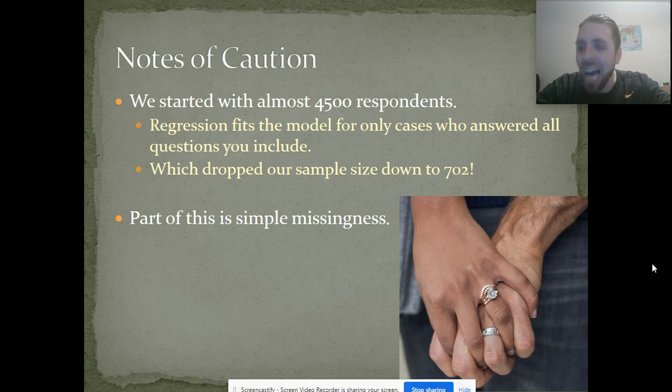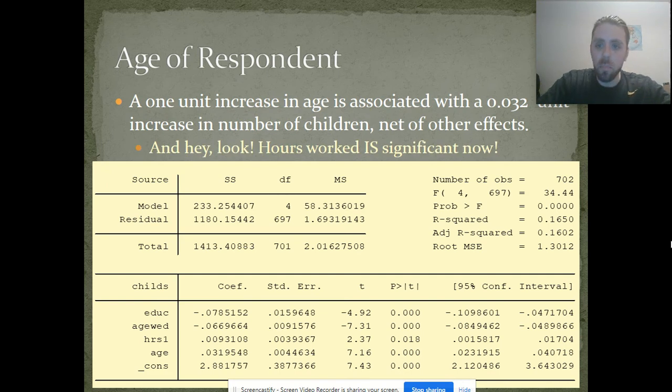But by the time I got to those 4 X's, age at first marriage, education, age and hours worked, I dropped to 702. Where can you see that? Number of observations right here, 702, which is fine for what we're working with here. That is more than enough statistical power. That is plenty of degrees of freedom.